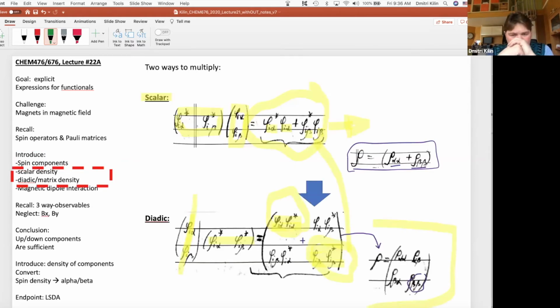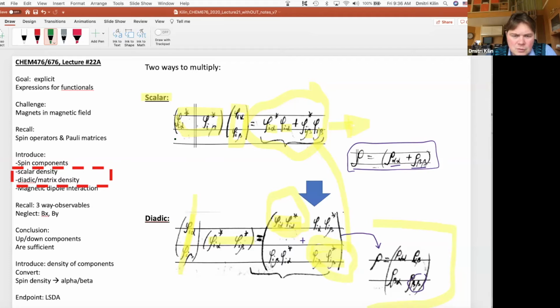So what is possible to do mathematically with this pair of components, with this pair of orbitals?